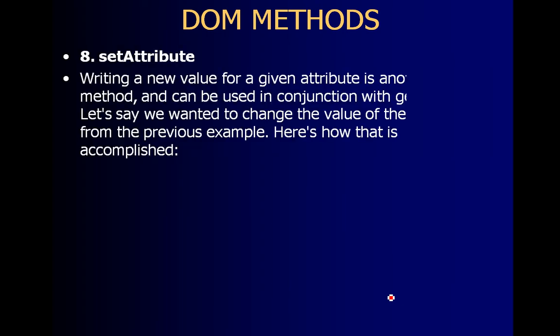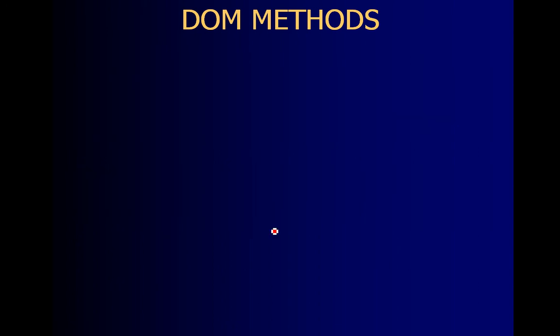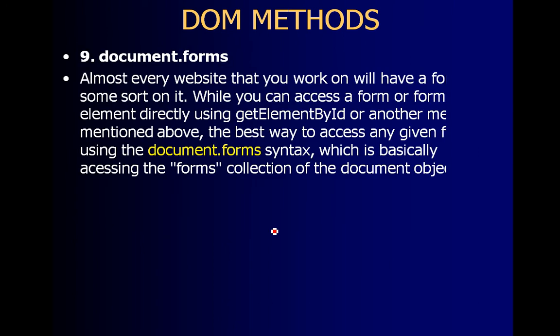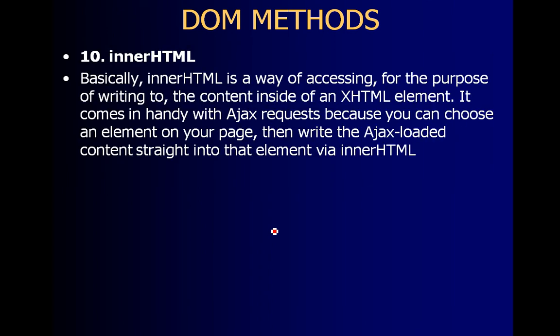Then you can also set an attribute, as we have done with setting text. We can set textContent, we can also set an attribute here. And document.forms, this we have already done in JavaScript. innerHTML is for writing content inside the HTML elements. It comes in handy when you work with Ajax requests, that we'll see in the next classes.